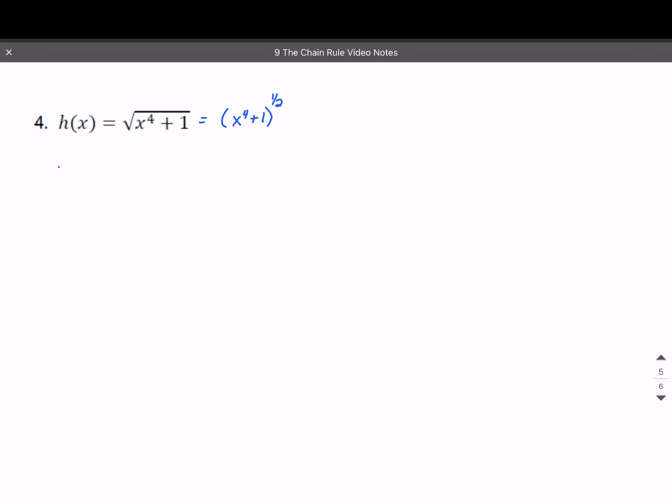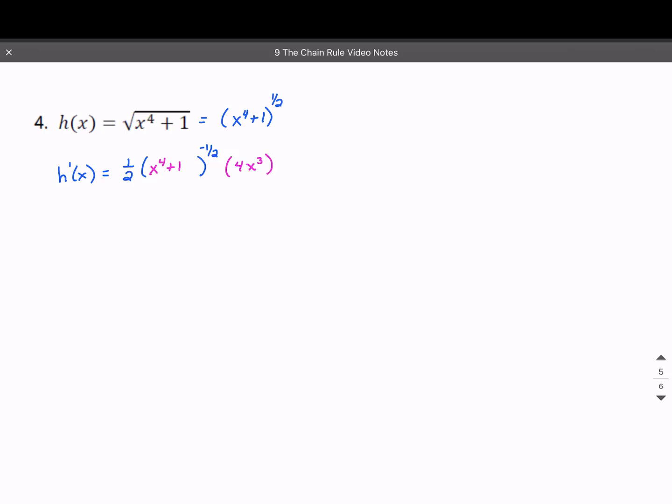So h of x, the derivative is h prime of x. Now when we take the derivative of raised to the 1/2, we bring down the 1/2. We're going to keep the inside, and 1/2 minus 1 is negative 1/2. Now I'm going to keep my inside, x to the 4th plus 1, times the derivative of x to the 4th plus 1 is 4x to the 3rd.